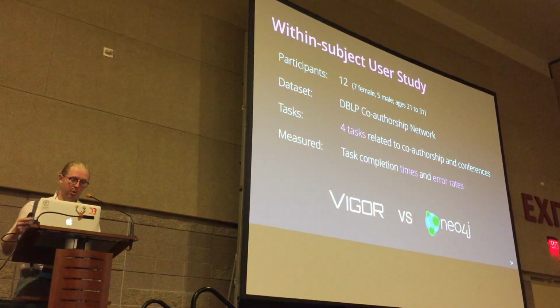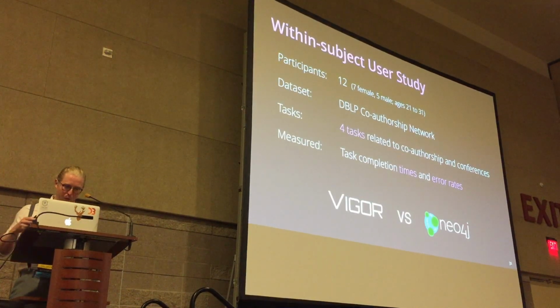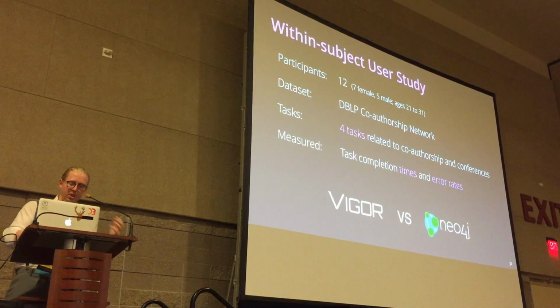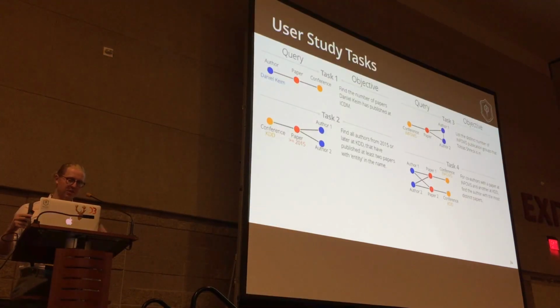To test this out, we performed a within-subject user study with 12 people over the DBLP co-authorship network. And we had a series of tasks where we measured completion time and error rates. And here's just Neo4j's view, but I'll skip that for now. Here are 4 tasks.